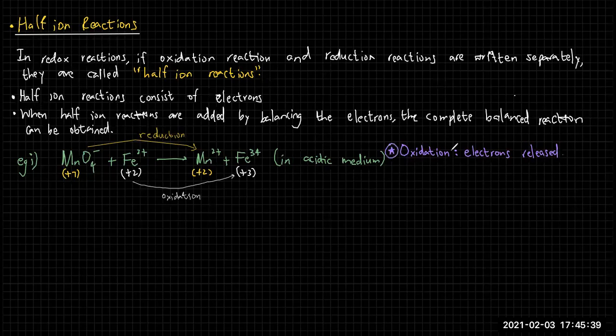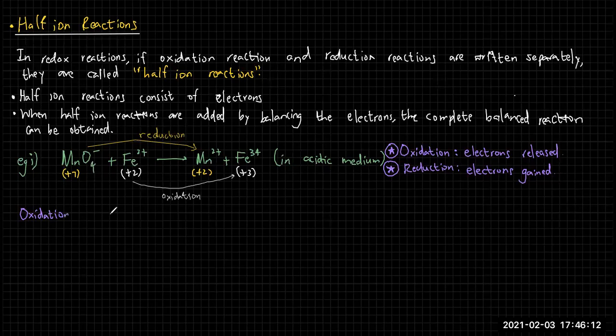True, but this is also equally important: electrons will be released during oxidation, and if a species is undergoing reduction, that species should gain electrons. So reduction means electrons gained. That's crucial. You have to keep this in mind. Let's go in this order without getting confused. I'll start with the oxidation half ion reaction.